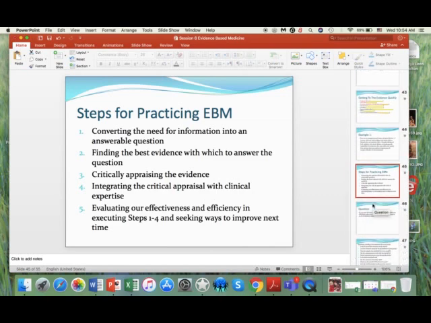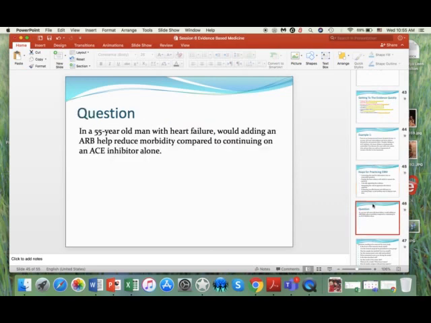And so here are the steps for practicing evidence-based medicine that we talked about. First we need to come up with a question, and then we need to find the best evidence. Then we need to examine that evidence and apply it or integrate it with our clinical experience or our clinical expertise. So first thing is the question. So here's my question.